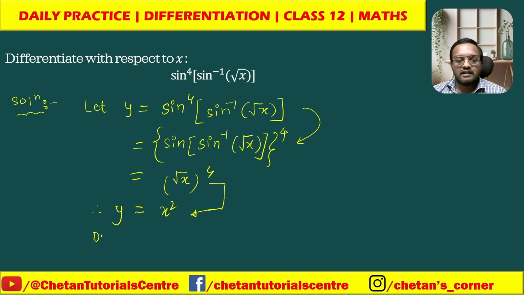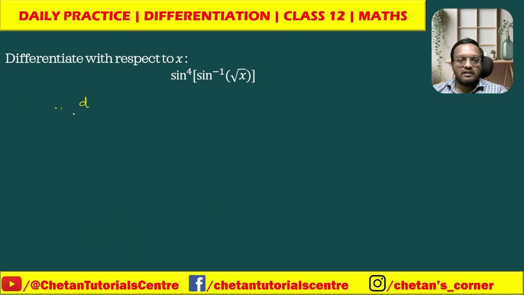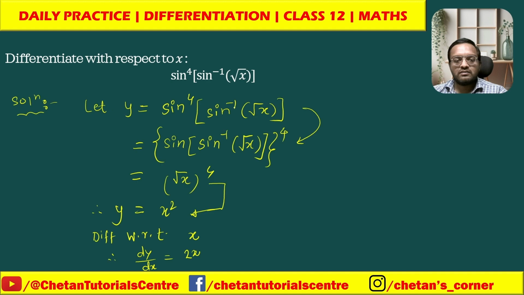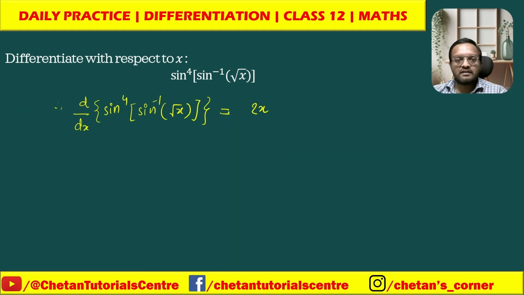Then what I will get? dy by dx is equal to derivative of x square with respect to x will be 2x. Therefore d by dx of sine raised to 4 sine inverse of root x is equal to 2x, which is our final answer.